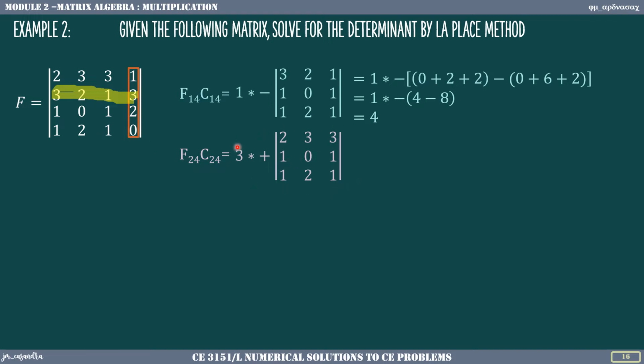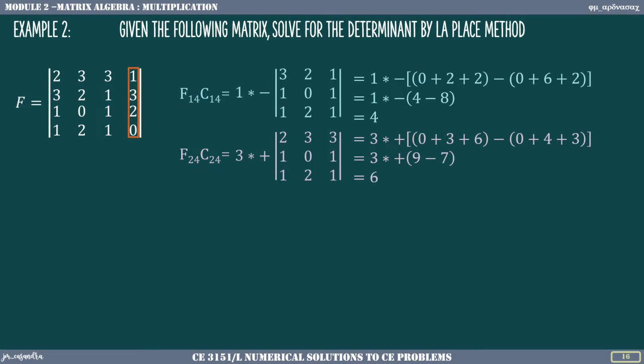Computing now this matrix will arrive at 3 times 0, 3, 6 minus 0, 2, 3. And it will be simplified to 3 times 9 minus 7, or that's equal to 6.